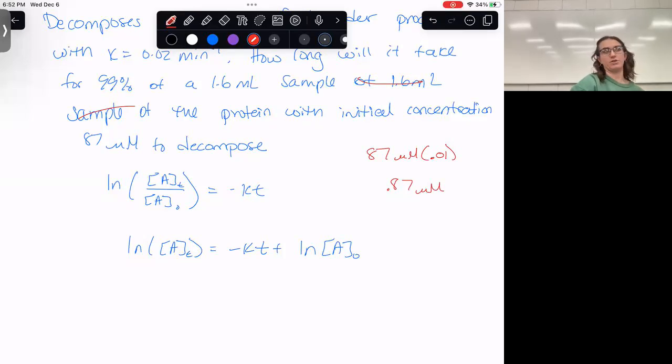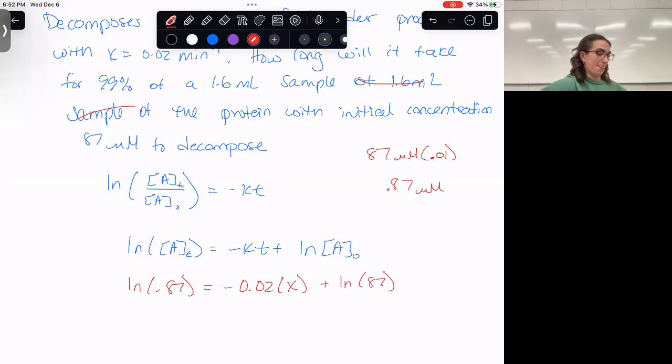Because it'll cancel out, your ln of 0.87 is equal to negative 0.02 times x, because you're looking for that t component, plus the ln of 87. This is just if you want to use the actual numbers.